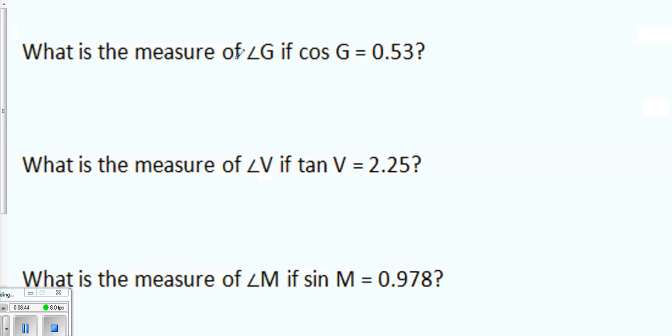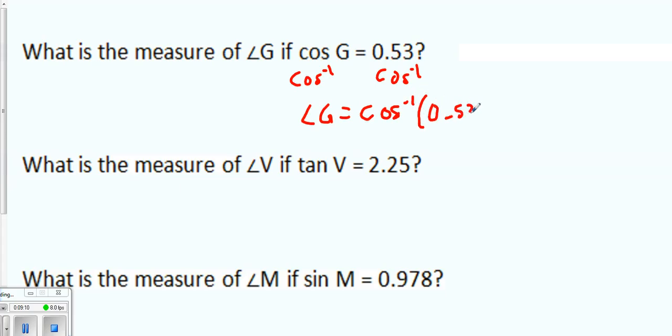So what is the measure of angle G if we know that the cosine of G is going to equal 0.53? Well, again, to get rid of a cosine, you would just do cosine inverse of both sides of this equation. Which means in the end, angle G equals the cosine inverse of 0.53.